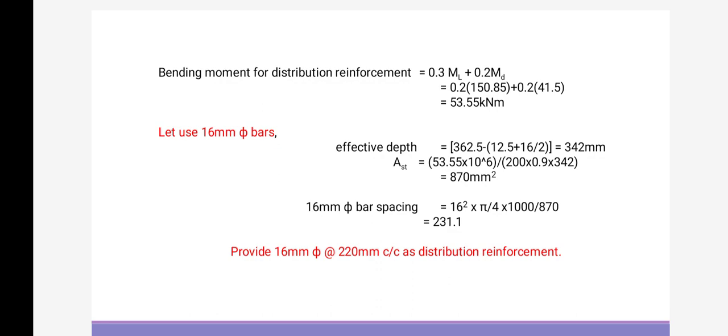So only the AST value varies, and diameter of rod previously was 25 mm, and this rod is only 16 mm. Okay, then spacing is equal to 231.1 mm. So rounded value 220 mm center to center. So provide 16 mm diameter rod at 220 mm center to center as distribution reinforcement.